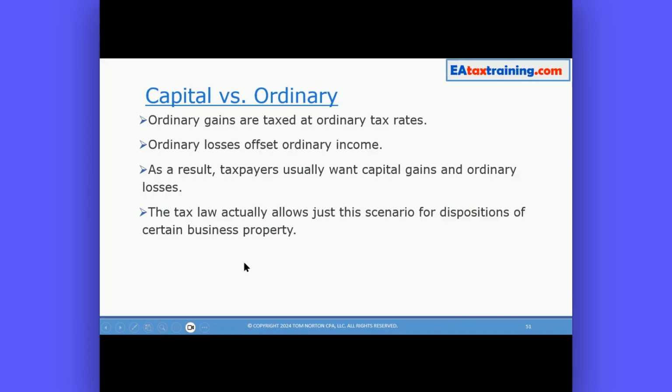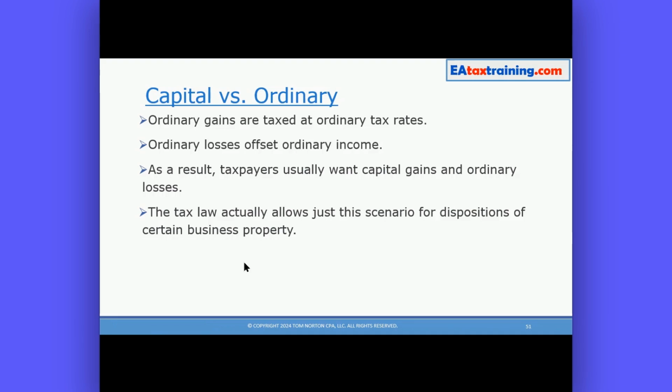If you have been paying attention, there might be a big question in your mind right now, because this slide is saying that in certain scenarios, you could have business property that allows for capital gains and ordinary losses. Yet, just a little bit ago, we were looking at a list of things that are not considered capital assets.